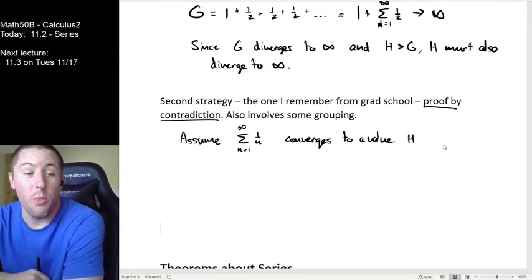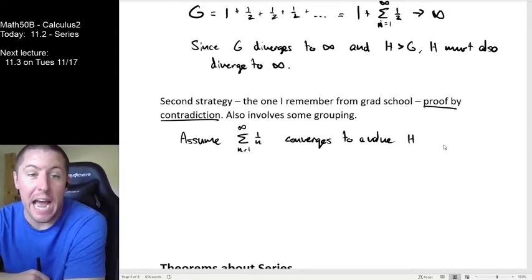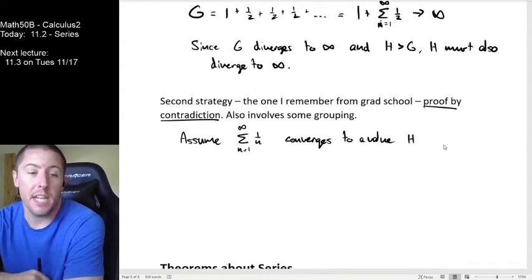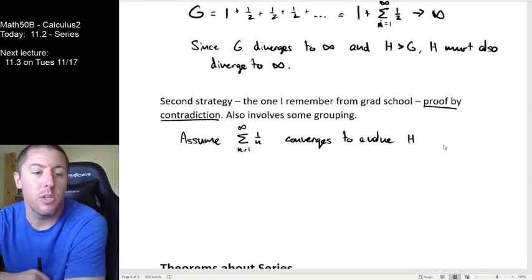We don't actually think this is true. We're trying to show that it diverges. I'm going to assume that it converges and let this take me to an unreasonable statement, which will say that I must have had an incorrect hypothesis, that I must have assumed the wrong thing up there.